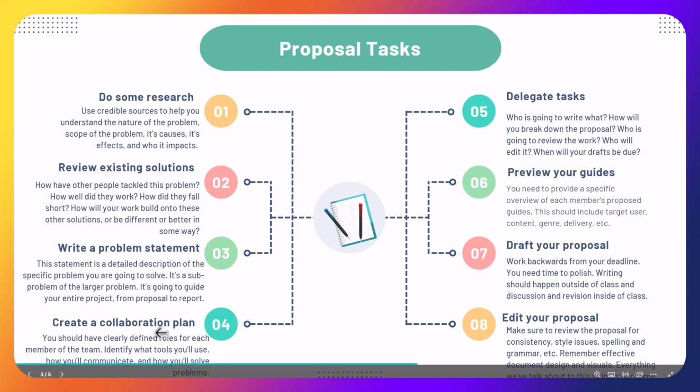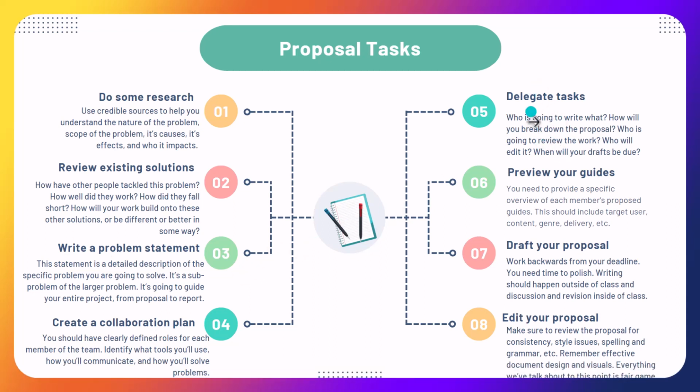You can review my slides on proposals about that, but basically you want to figure out who's going to do what, and you want to delegate specific tasks. Proposal writing is 90% planning, 10% doing. If you don't go through these steps, you're going to procrastinate, you're going to be overwhelmed later. So I think before spring break, you should have a draft of a problem statement, and you should have some tasks delegated to make sure everyone gets everything done.